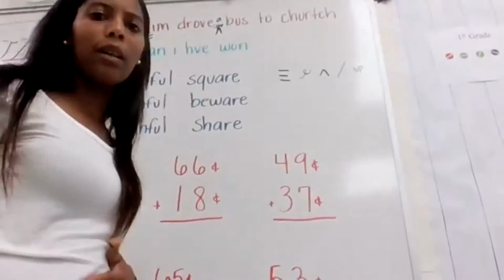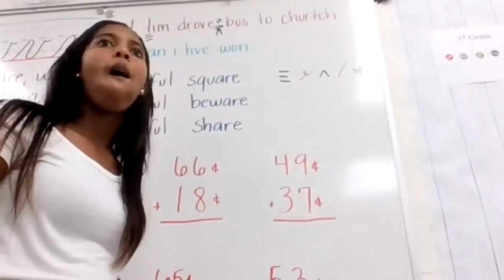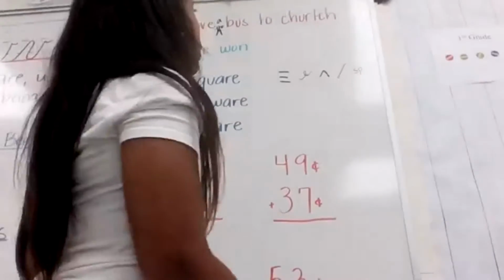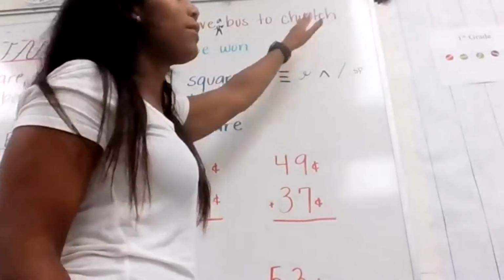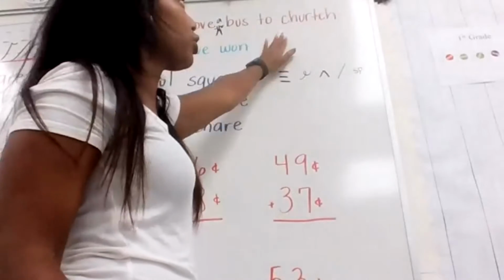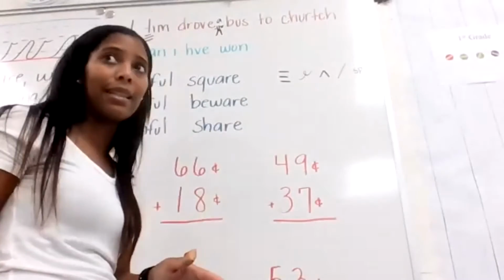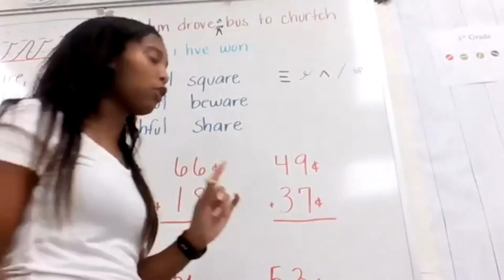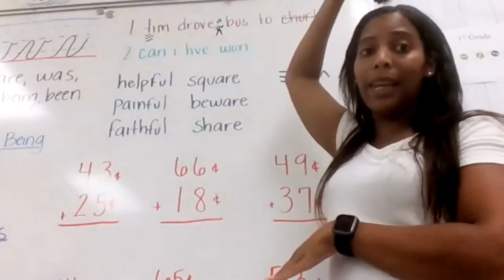Okay, what else is next that we need to fix on this sentence? Okay, Amina? Delete the T. Good. Well, not delete. Because if I delete it, I'm taking the word church out completely. Something else I have to do. Not delete. Yes, spell check. If you delete something, you're taking it completely out.